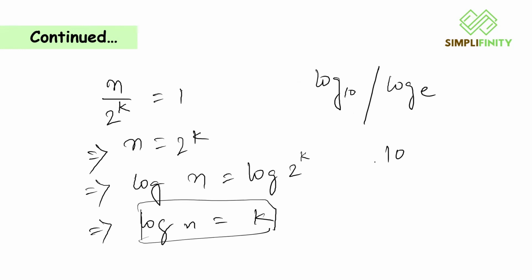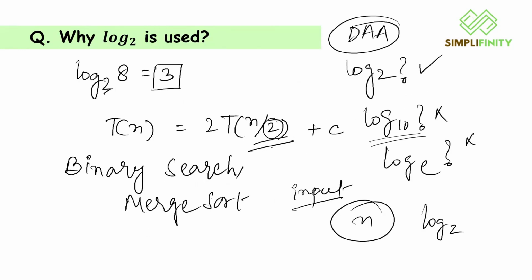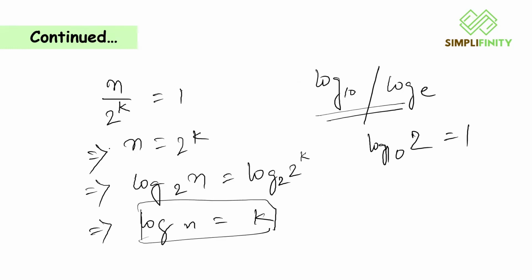So how is log base 10 of 2 equal to 1? How is it possible? Because we are actually taking log base 2 here, none of these. And why are we taking log base 2? Because it is mentioned in the question. That is why we are taking log base 2.